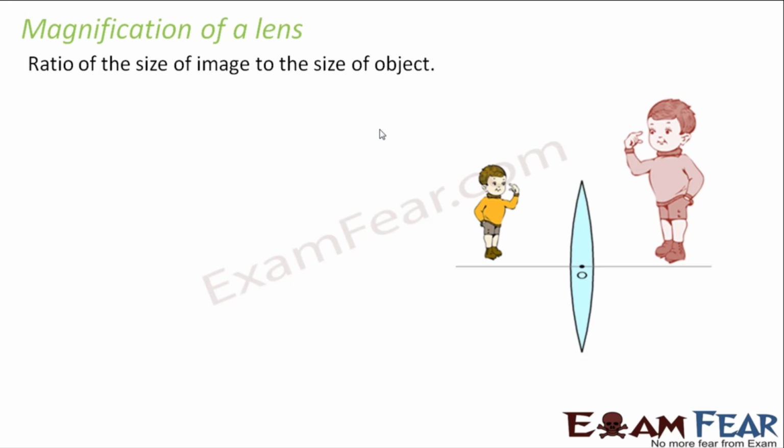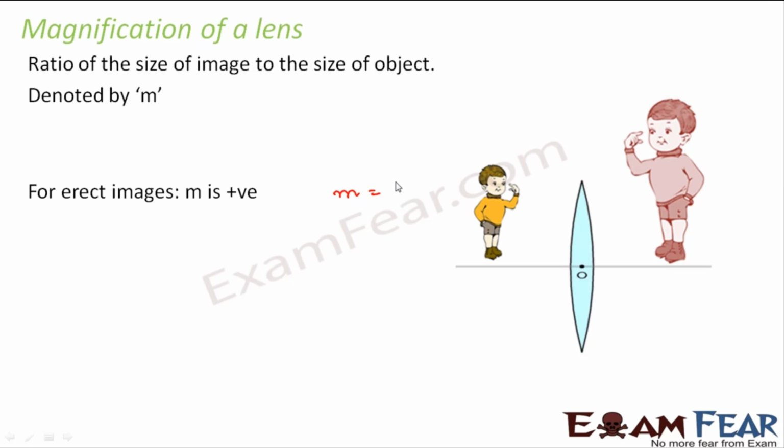It is the ratio of the size of the image to the size of the object, generally denoted by a small m. Whenever we talk about erect images, magnification is positive. That is very obvious because magnification is h dash by h. If the image formed is erect, that means it is above the principal axis, so it will be positive. For inverted images, m is negative.